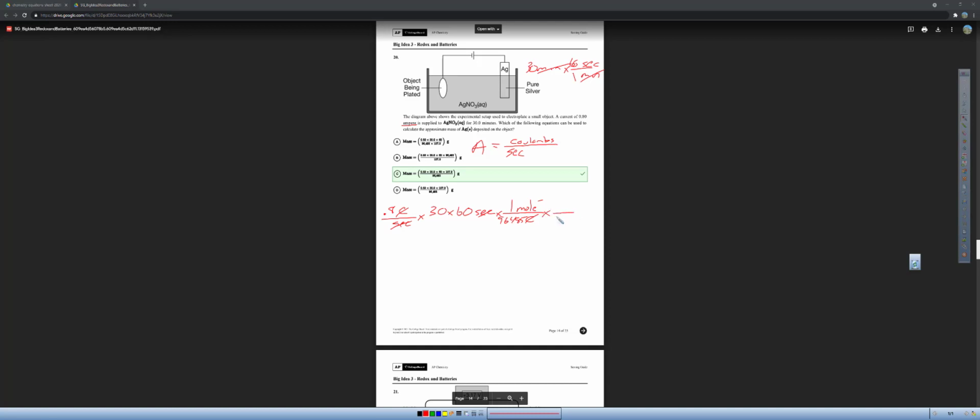Well, I suppose I should say there's 1 mole of electrons in 1 mole of silver. And then I could do molar mass. And so that will get me to here.